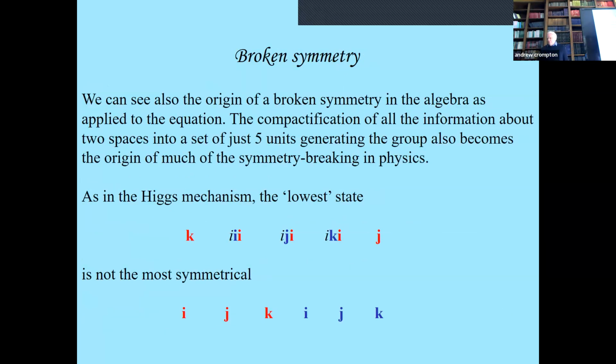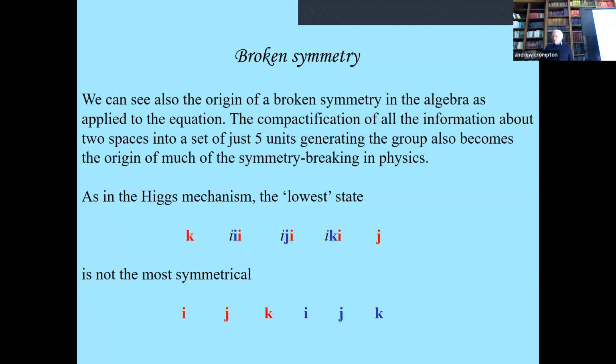This is from the double vector representation. If I take those 5 in that first row of things, you can see that the i, j, and k, the red ones, are attached to totally different objects. The middle 3 are attached to a vector, and the outer ones, the k isn't attached to anything, and the j isn't attached to anything, but the middle one is attached to a vector, and we've broken the symmetry.